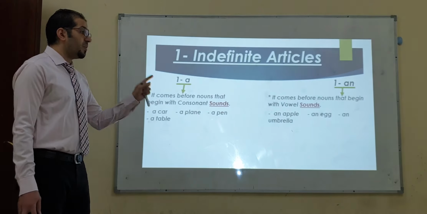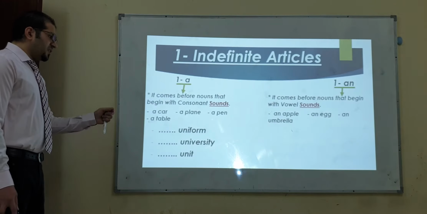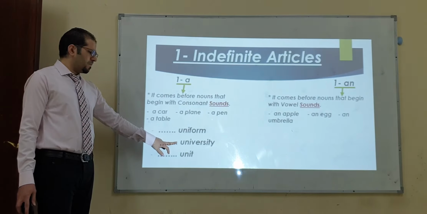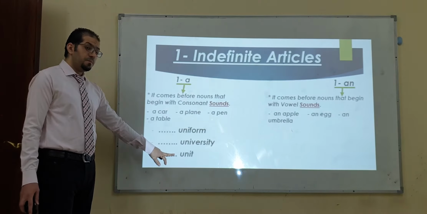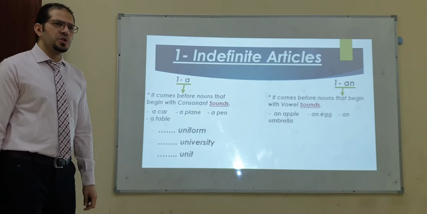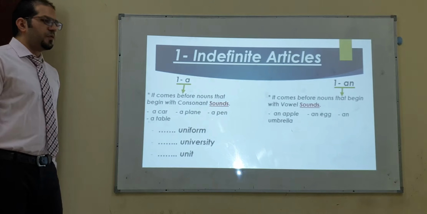So we must care about this point. Let's see some words here, like uniform, university, unit. Which article could you use here? A or an to use before these words?